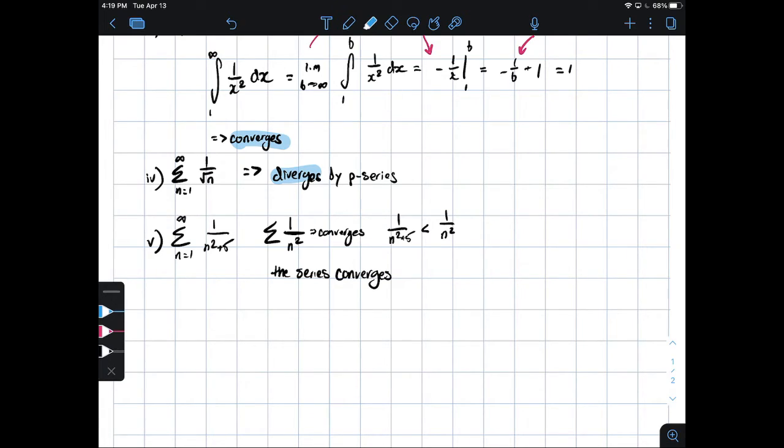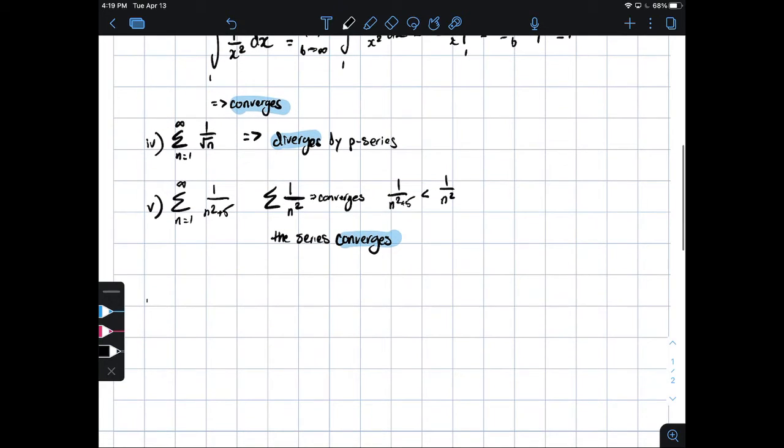Essentially what we did is we said, okay, we can't really evaluate that straight up. Is there something that we know the value of and that's very similar? Yeah, it's 1 over n squared. Then we have to ask ourselves, is 1 over n squared greater than this value? And the answer was yes, so both of the series converge.